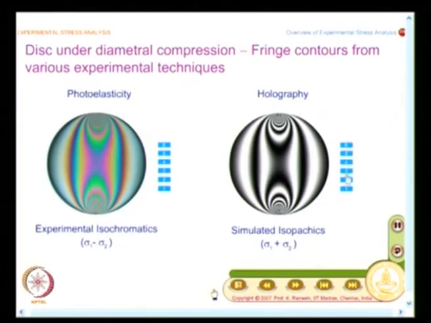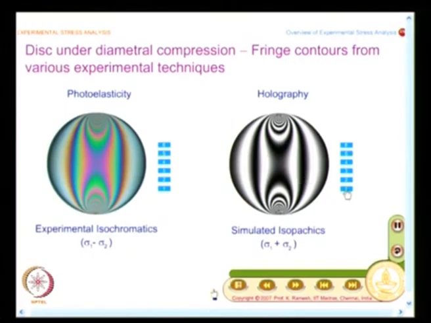Holography you do only on a single wavelength and the contours are very similar, and I would like you to have a reasonable sketch of this, any one of them, which gives you an indication of how the fringes look. And here you have this as a shape of 8, this as a shape of 8.